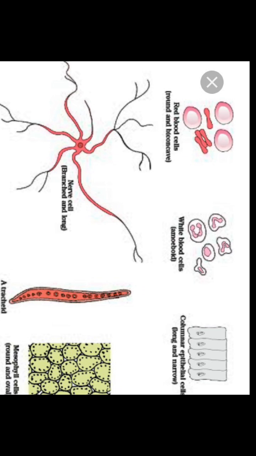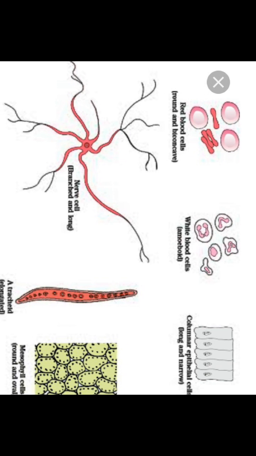Next, cells also vary greatly in their shapes, right? So now you see on the screen they may be disc shaped, like the first one RBC, polygonal, that's the second one, columnar, cuboidal, thread-like structures, or even irregular in structure.